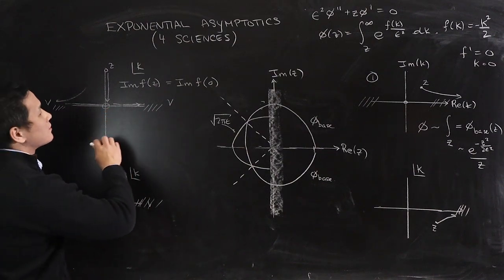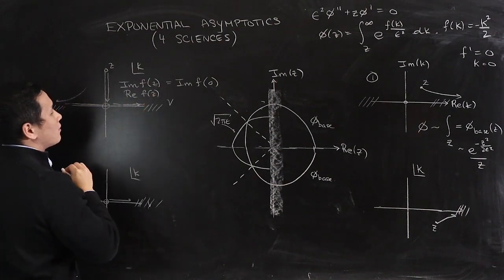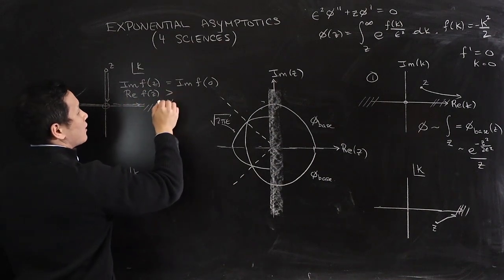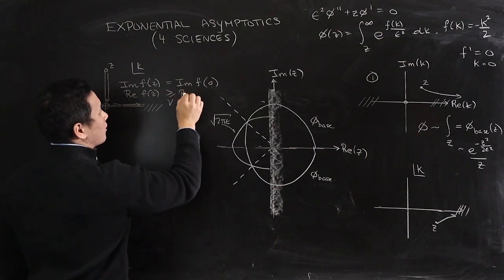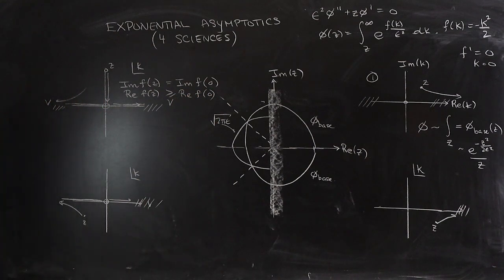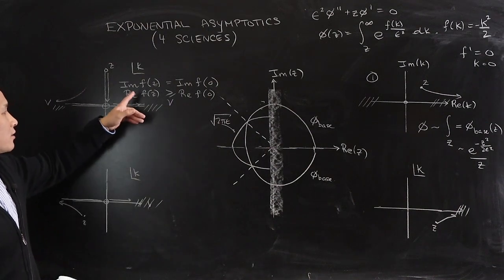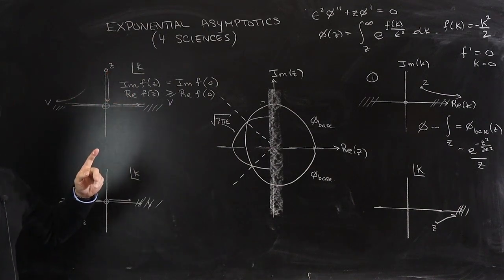So in this case, you would need the real part of F of Z to be greater than or equal to the real part of the saddle point, so that the saddle point is indeed downhill from the point Z.